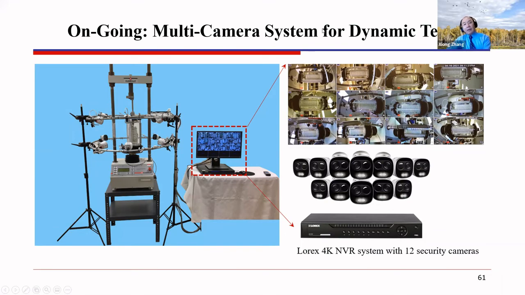So my PhD student Xiong has developed a multiple camera system in which he used very low cost surveillance cameras. Each of them is just about 100 to 150 US dollars. And then he put a lot of cameras surrounding the soil specimen. By taking videos of the whole testing system, he can back calculate the camera positions and then reconstruct the 3D model.